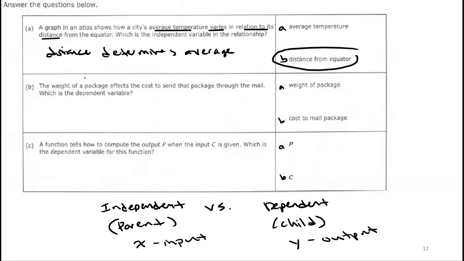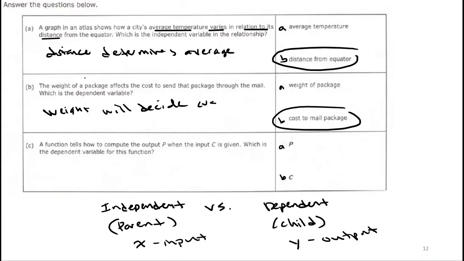Well, the dependent variable is the cost to mail the package. The weight will decide the cost. The heavier it is, the more expensive the mail is going to be.